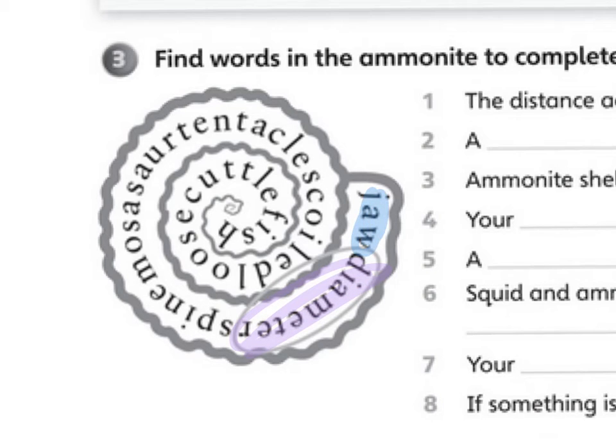Jaw, spine, mosasaur, tentacles, yeah, coiled, loose, and cuttlefish. There we go.